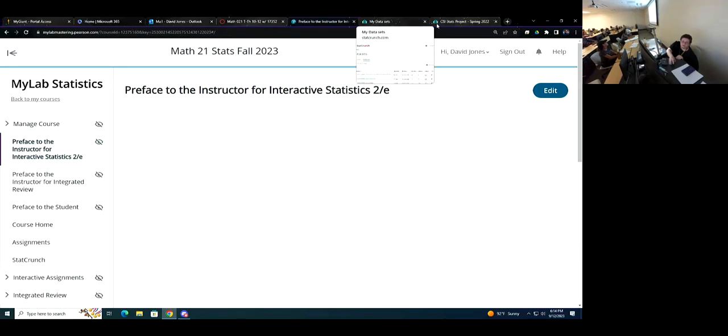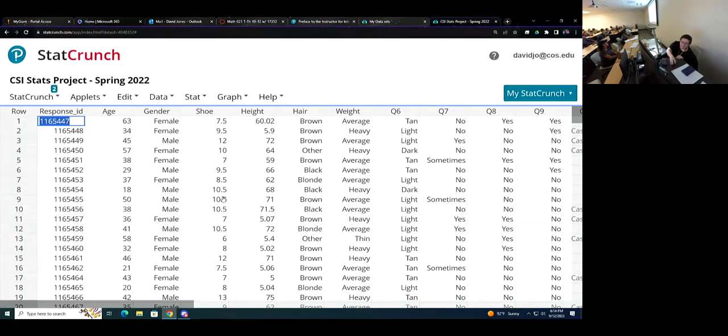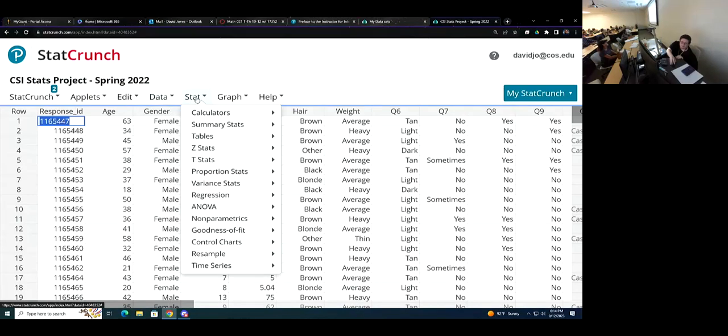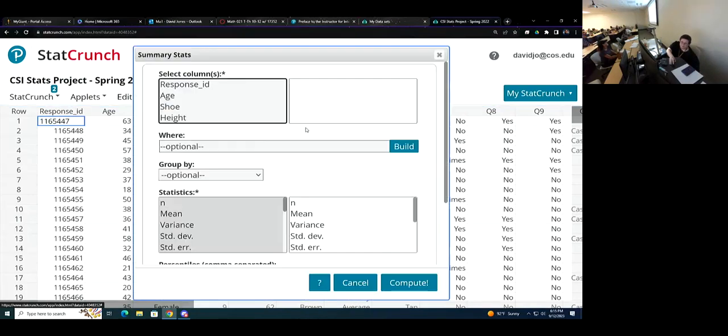All right, come over to StatCrunch. We've got our data set. I'm going to use stats, summary stats, columns. I'll do age. Height's contaminated; some people put in feet instead of inches. So let's go with age.